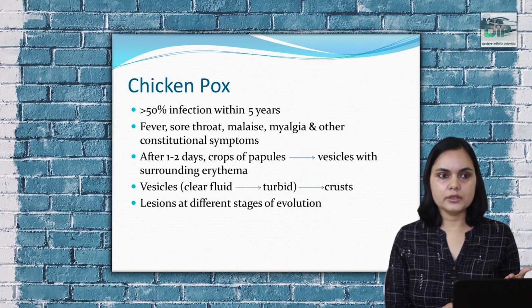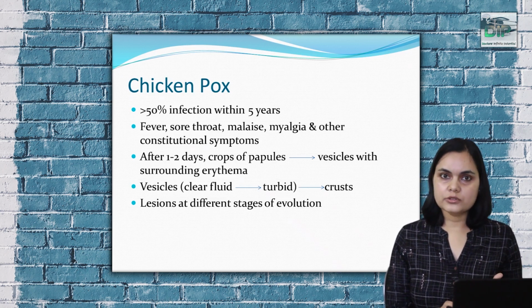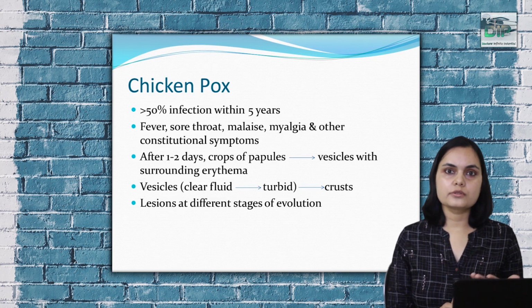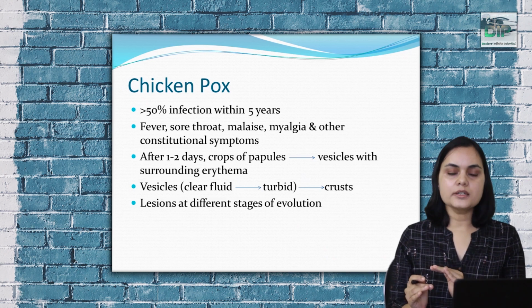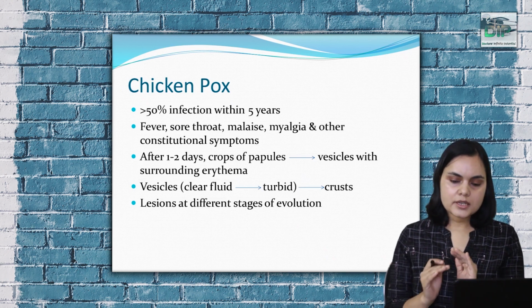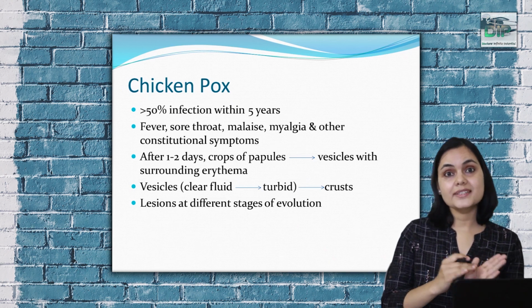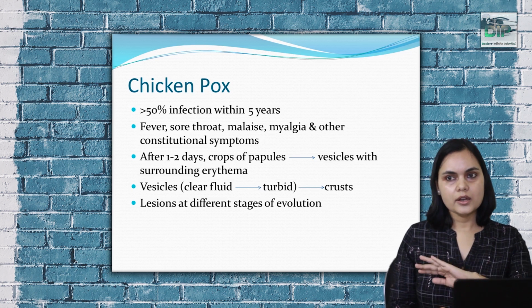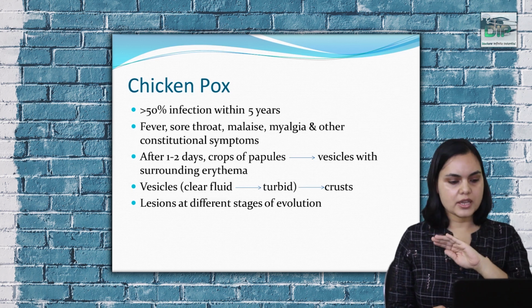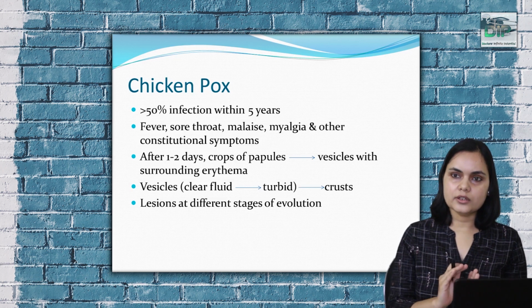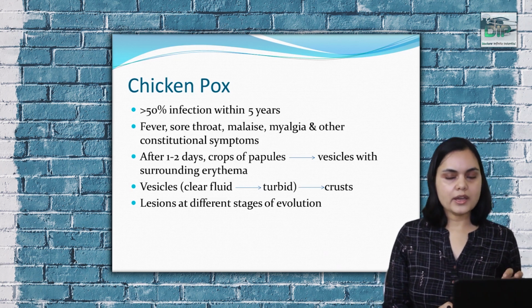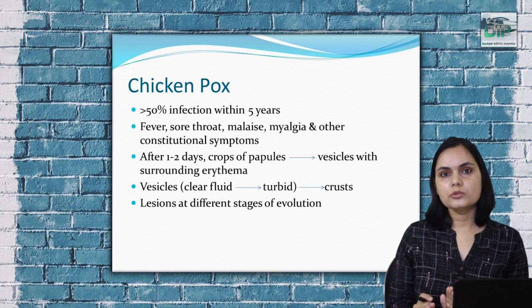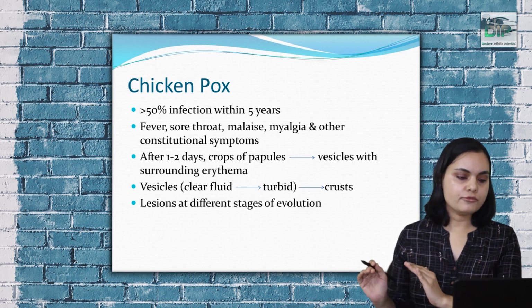For example, hand foot mouth disease is one of them, and this is also very commonly encountered in the OPD. But in hand foot mouth disease, the lesions are in the same stage. Like all are in the vesicular stage, or all are in the crusting stage. Unlike that, in chickenpox the lesions will be in different stages of evolution.